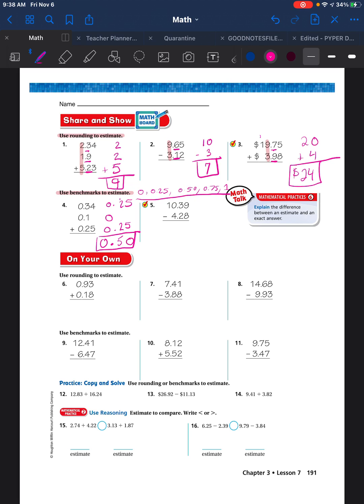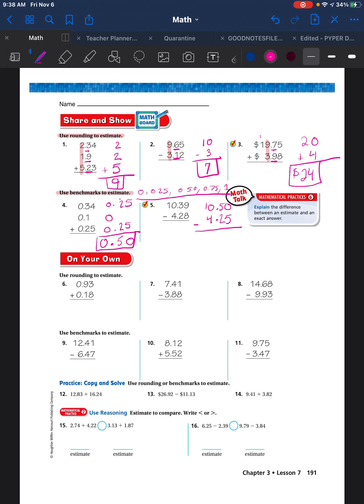Okay, the next one. So remember that we're using benchmarks. So we're only looking at the decimals technically. So the 10 would stay the same and the 4 is going to stay the same. 39 would fall between 25 and 50, and it's almost 40, so I would say it's definitely closest to my benchmark of 50. And then 4.28 is close to my benchmark of 25.